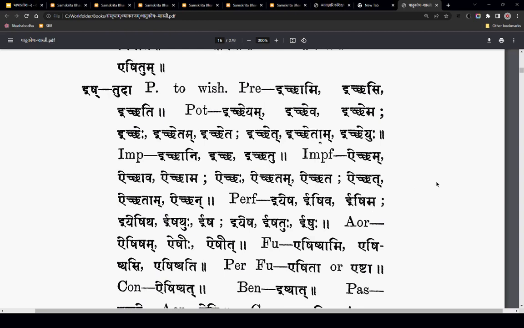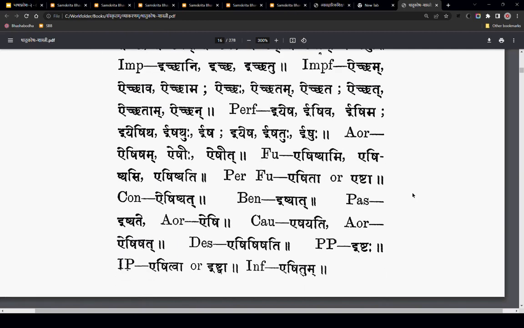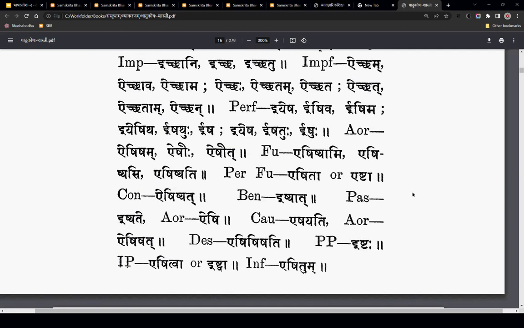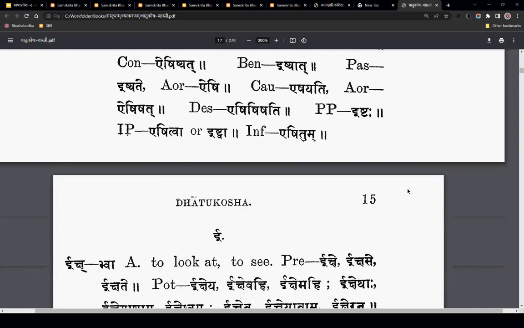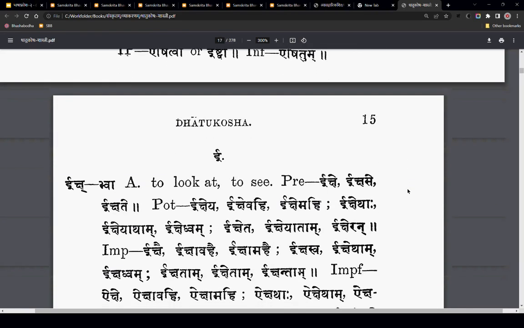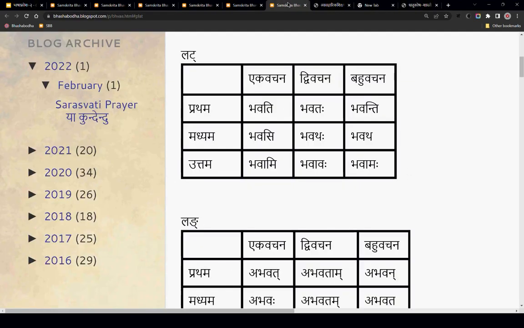Asmakam ichha asti, etc. So the dhatu is ish. In kriyapada form, it takes ichhati, ichhata, etc. Okay. So that is parasmaipadi and atmanepadi forms.